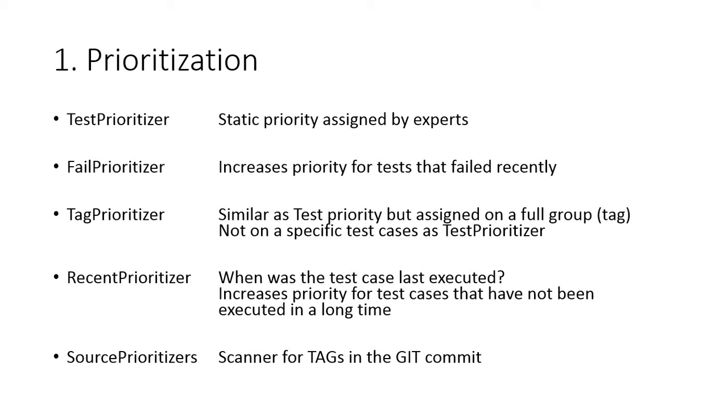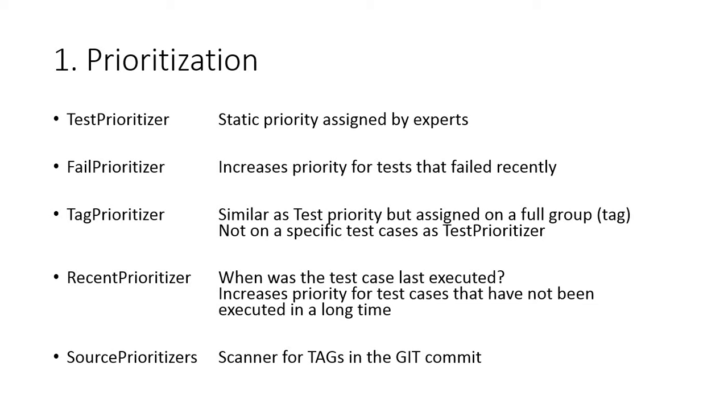The first thing was to fix the priority of the test cases. They added different prioritizers. Some have a static weight or static priority for the test case, like the test priority and tag prioritizer. Then they had a fail prioritizer, which means that a test case that failed recently will have a higher priority to be run in the following test suite.